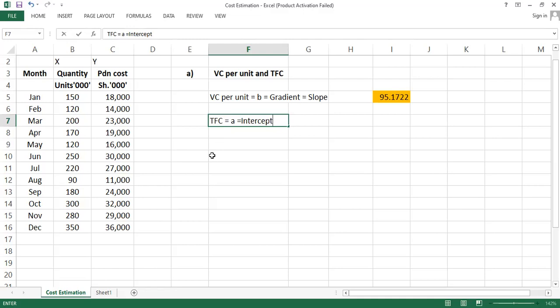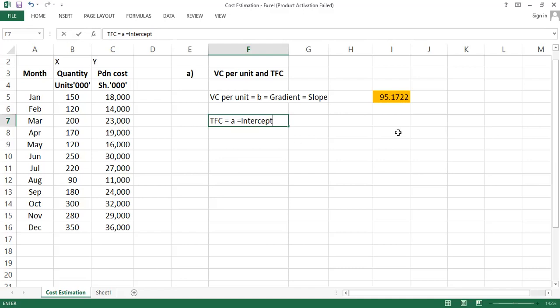At that point the total cost function touches the y-axis of the graph you would plot. That touching of the total cost function on the y-axis is what we call the intercept. So the total fixed cost is therefore called an intercept.